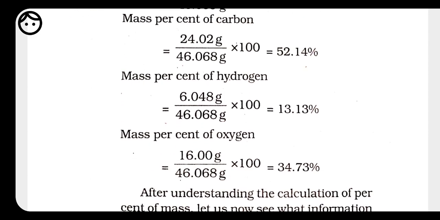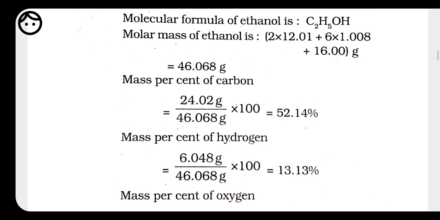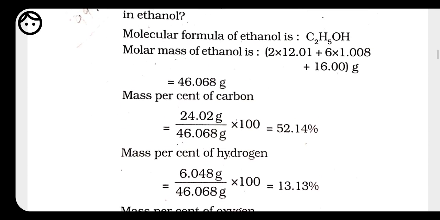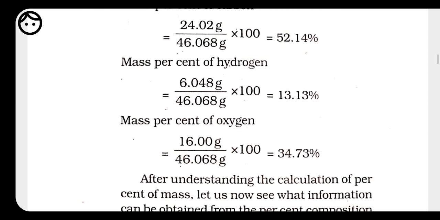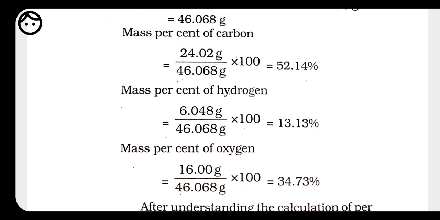Next we have oxygen. The number of oxygen atoms present in ethanol is only 1, so we take only 16. That is 16 multiplied by 1 is equal to 16, divided by molar mass of ethanol, 46.068, into 100. Then we get 34.73%.